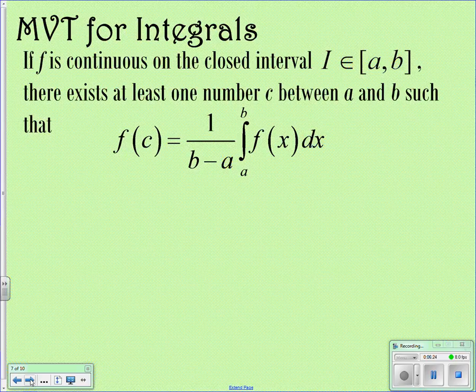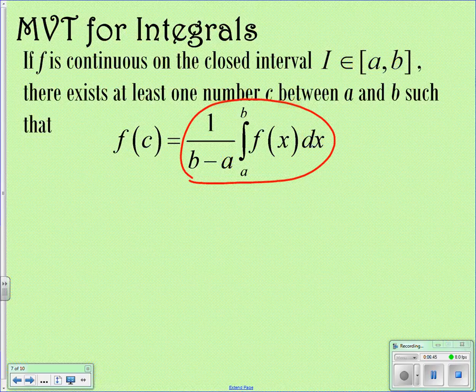This part should look very familiar because that's the average value that we just looked at a minute ago. So the mean value theorem for integrals just says that if you have a continuous function, there's some number between a and b that gives you that average value.